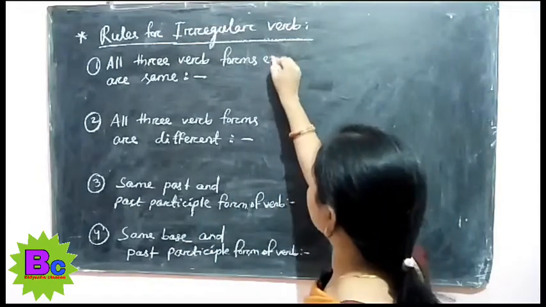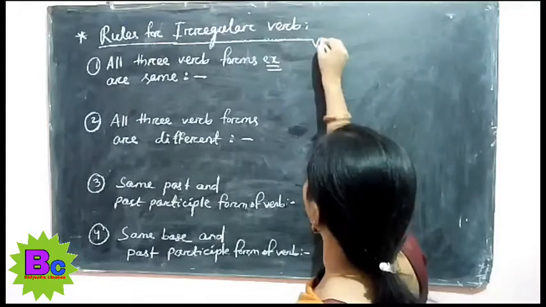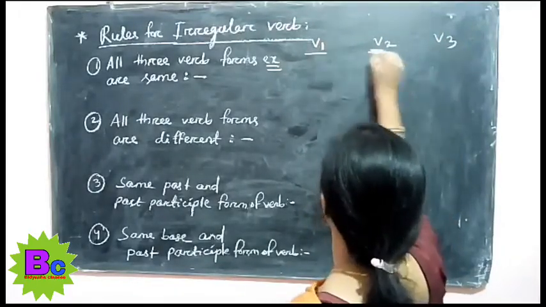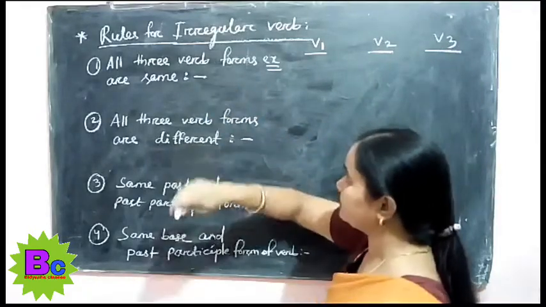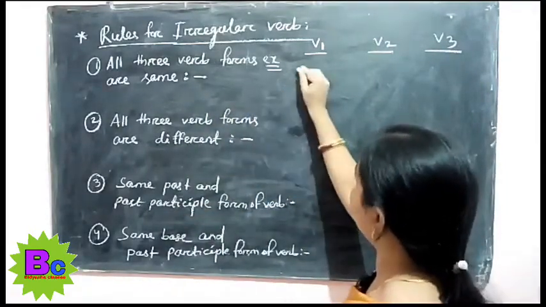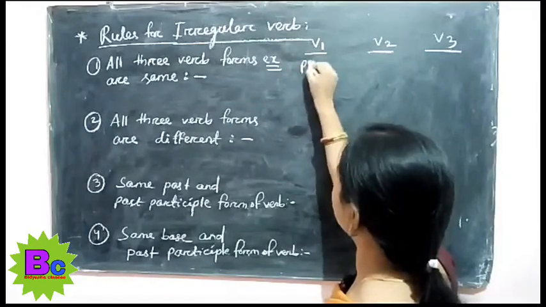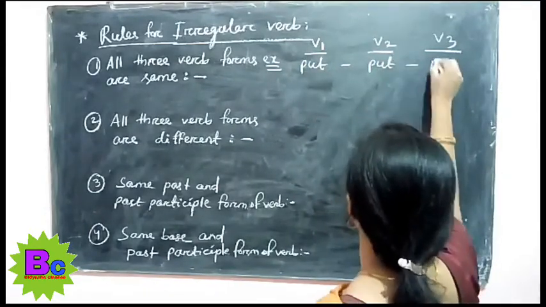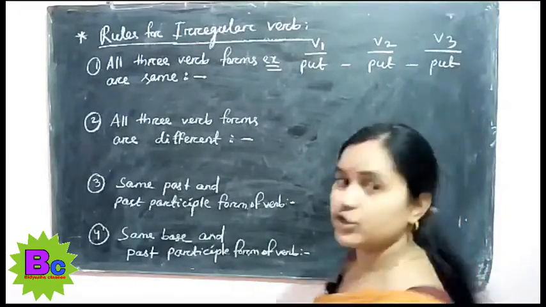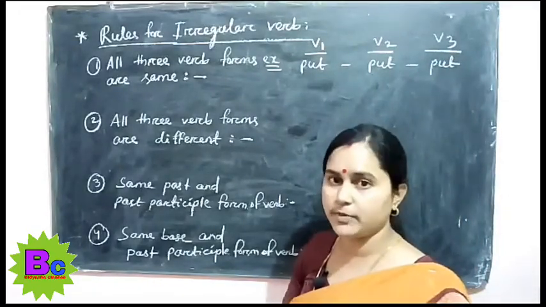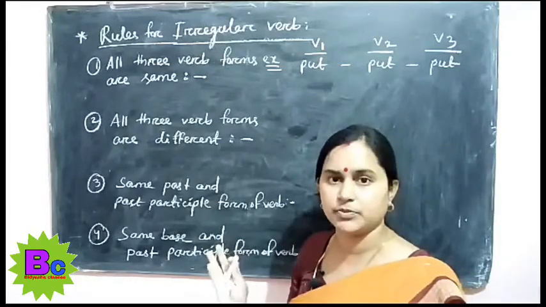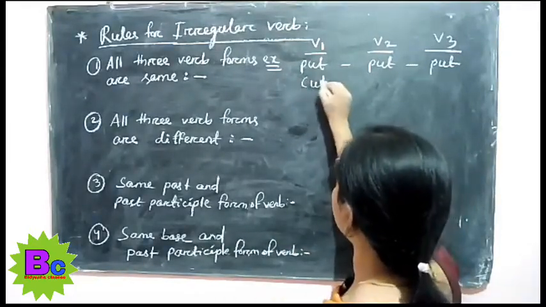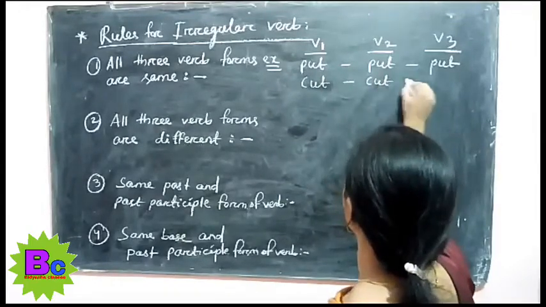For example, V1, V2 and V3 forms of the verb: all remain the same, like put, put and put. There is no change when you convert it from present to past and past to past participle. It remains the same.